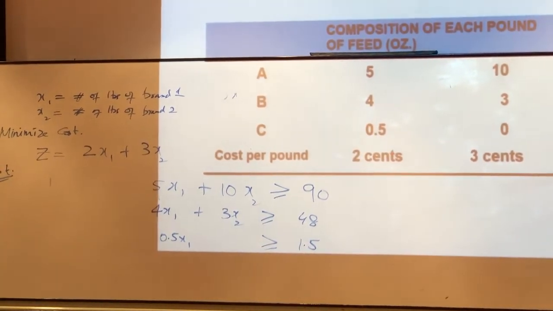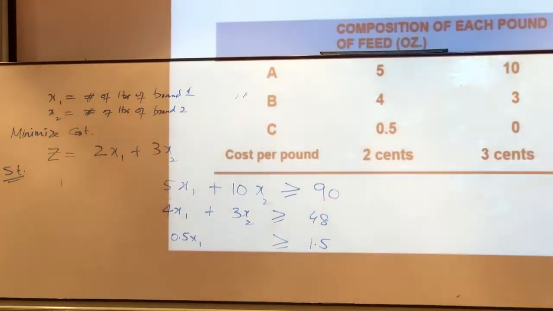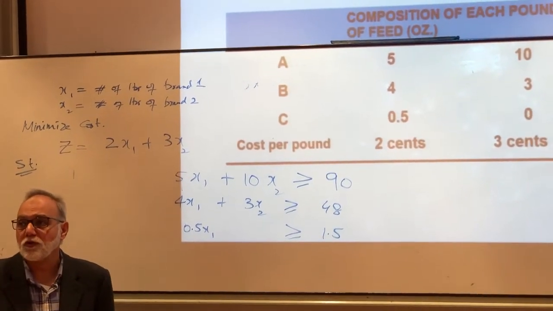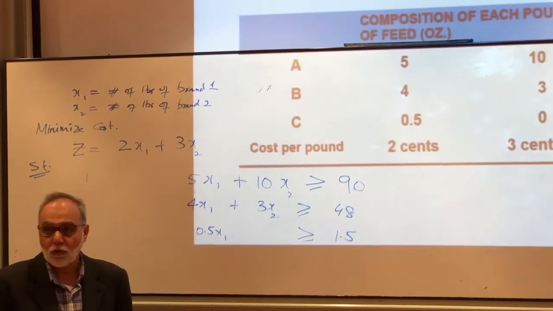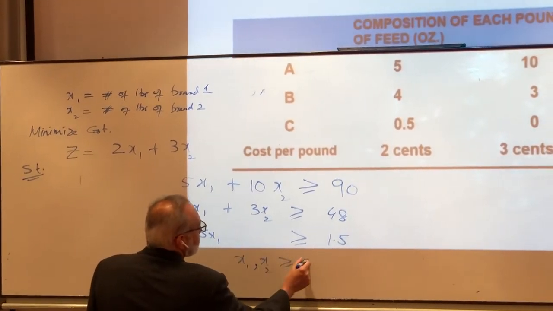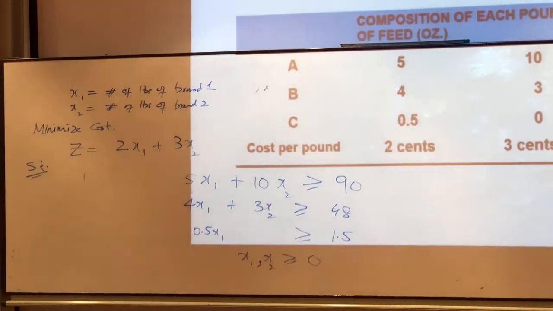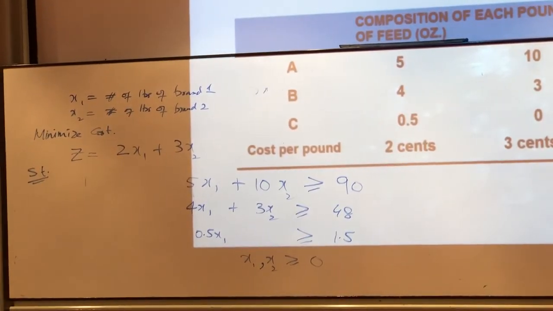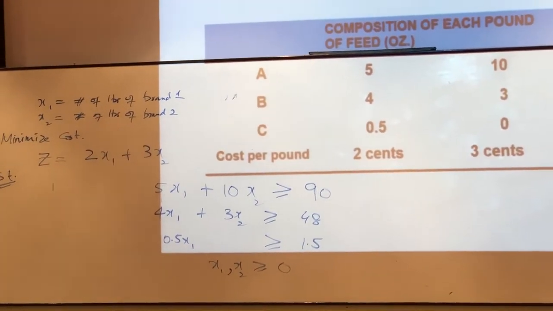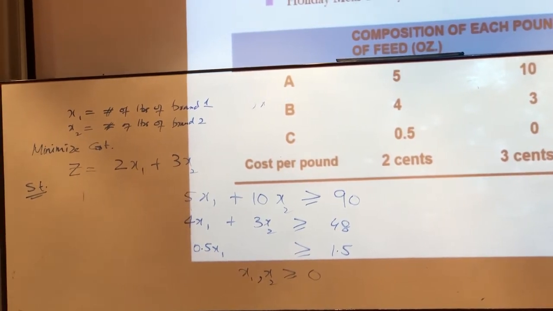And to complete the formulation, we should have the non-negativity constraint, that x1 and x2 both should be greater or equal to 0. And of course, when we are solving it with the graphic approach, we will be working on the first quadrant, where x1 and x2 both are positive.